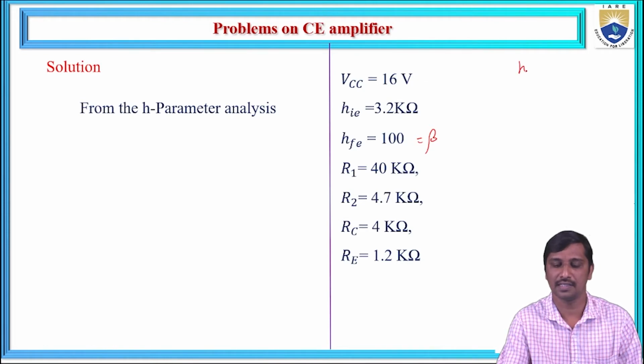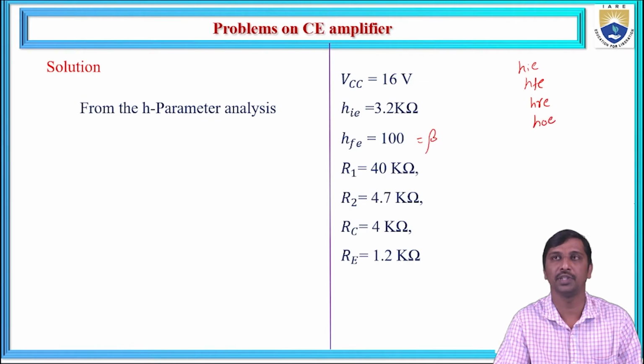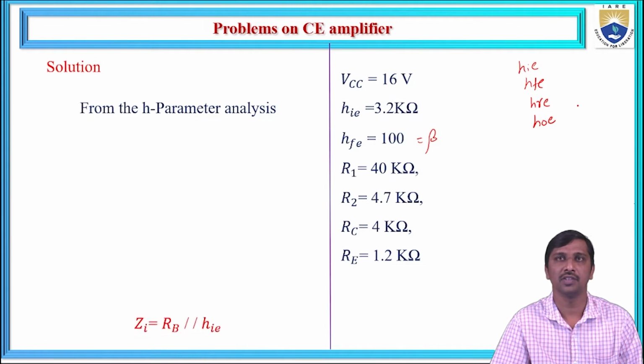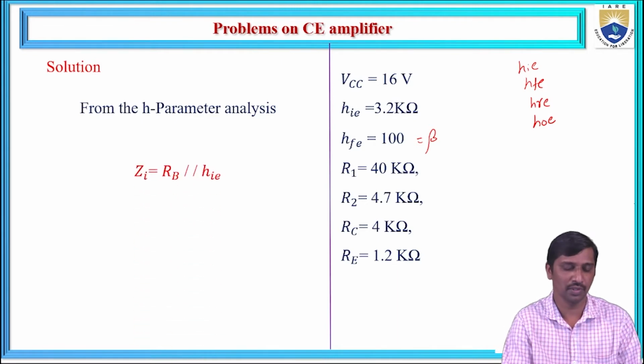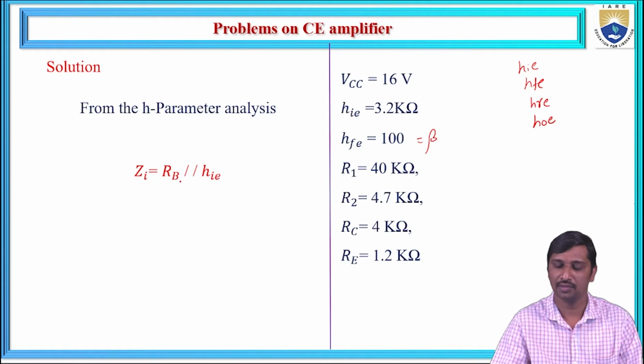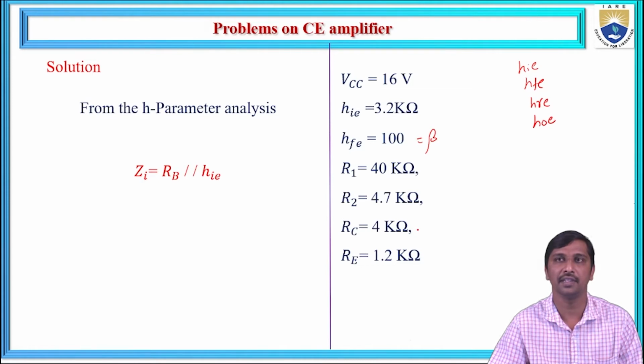They are represented as HIE, HFE, HRE, and HOE, where HIE is the input impedance, HFE is the DC forward current gain, HRE is the reverse voltage gain, and HOE is the output admittance. If you observe the given specifications, the common emitter amplifier is designed with a voltage divider network.